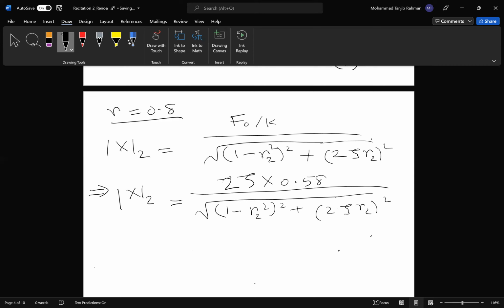Now we have to solve this equation to find the value of zeta.